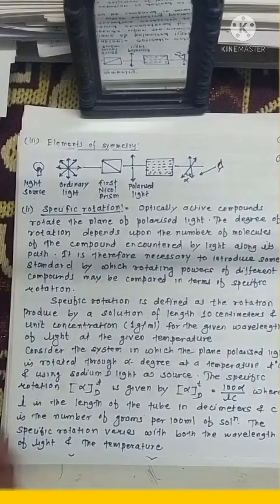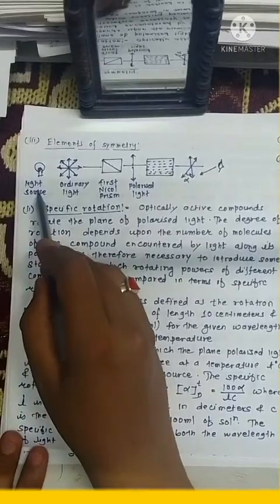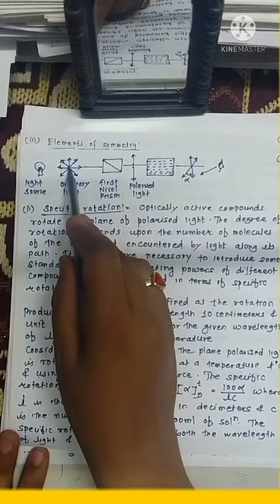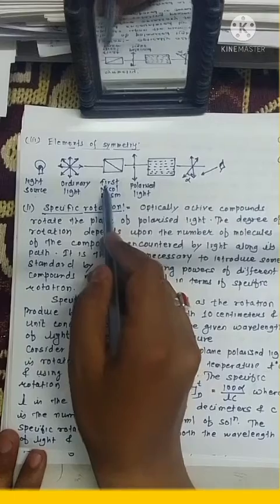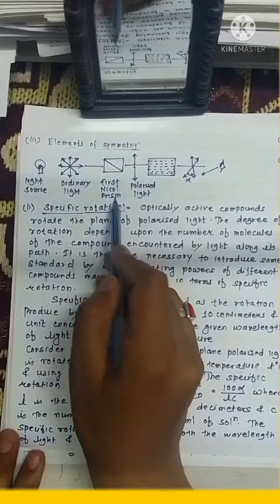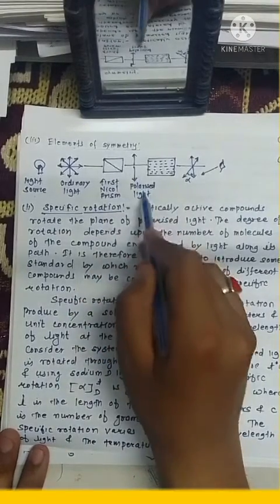Just see, this is the source of light. It is ordinary light. When this ordinary light is passed through a nickel prism, we get polarized light.